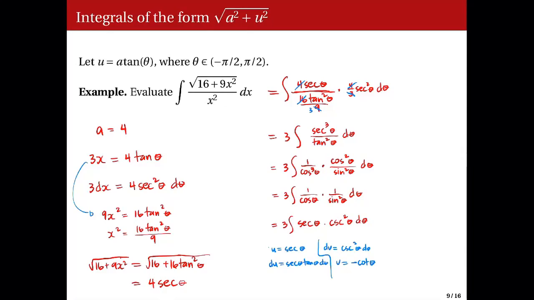So from here, what will happen? This is the substitution that we will use.